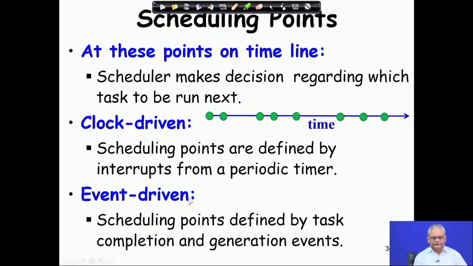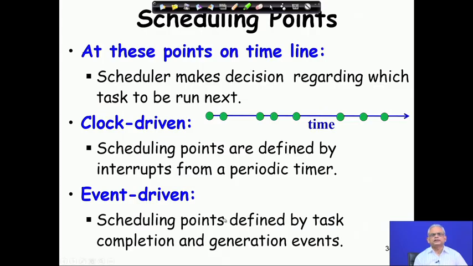On the other hand, in an event driven scheduler, the scheduler does not become active based on a clock interrupt, but based on certain events. As the name says, event driven, the events that cause this scheduler to become active are not generated by the clock, but by the completion and generation of tasks.